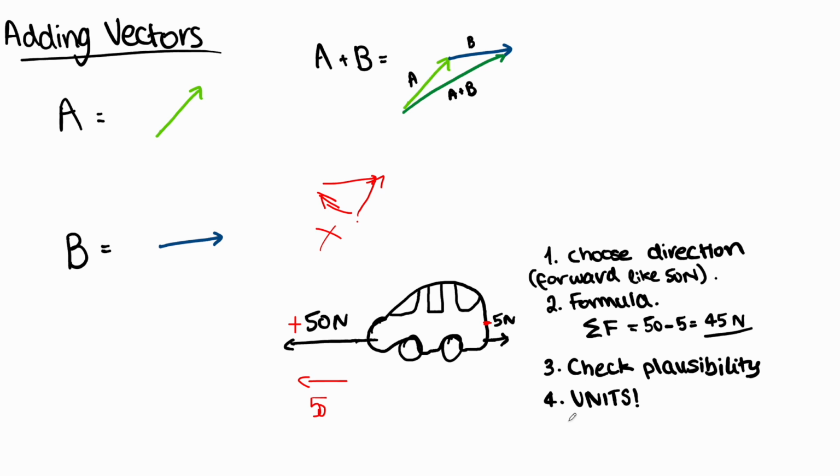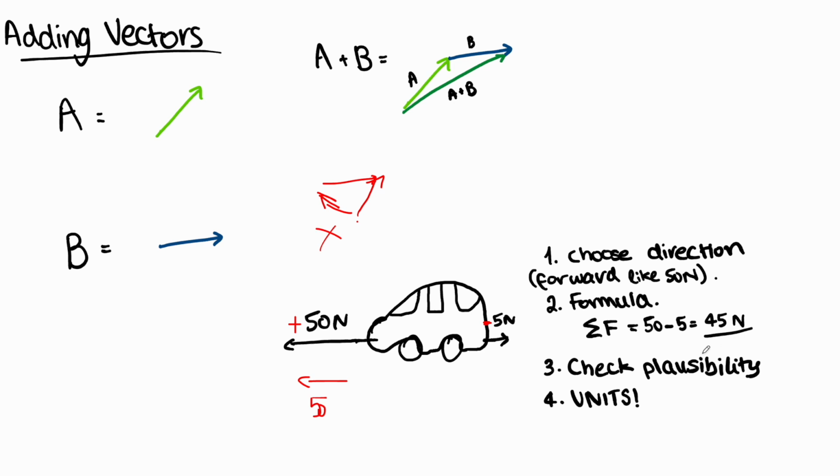So then in step 2, you make a formula, and in this case you want to work out the sum of the forces, or the resultant force. You can then just put 50 and then minus 5, because you've already worked out the signs, and you work out 45 from that. Then the last step, you have to always check for plausibility.